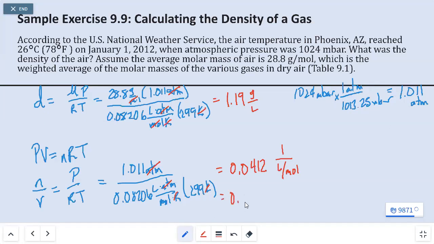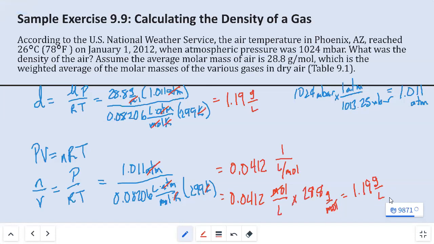So 0.0412 moles per liter. And now if I multiply that by the molar mass, 28.8 grams per mole, the moles cancel, 0.0412 times 28.8. I'm going to get to the same three significant figures, 1.19 grams per liter.